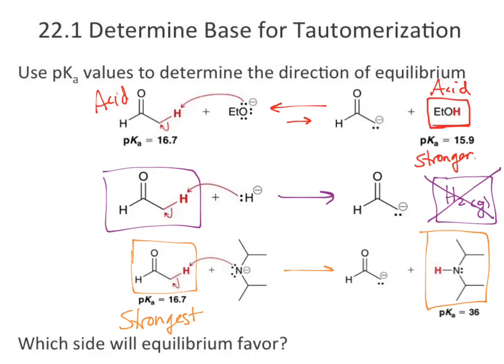In our last one, we now have all of our reagents, but now the difference between our pKa's is 16 versus 36. What does that mean? The right is far greater favored than our left. The difference is so large between those pKa's that we effectively only make the enolate. We only see the enolate form. We won't have any of that carbonyl left over.